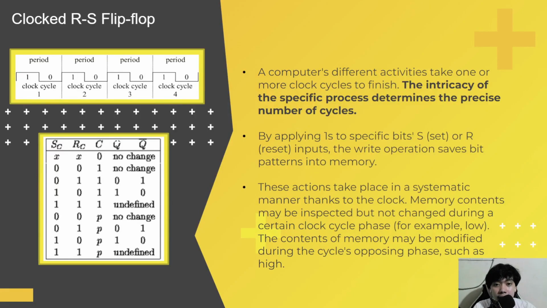So for this slide, clock RS flip-flop, you can see the period, the clock cycle, and its truth table. First, on the top right, you can see that every clock cycle has its own period. On the first period, 1 is our high, followed by 0, which is our low. The second period is the same as the first.